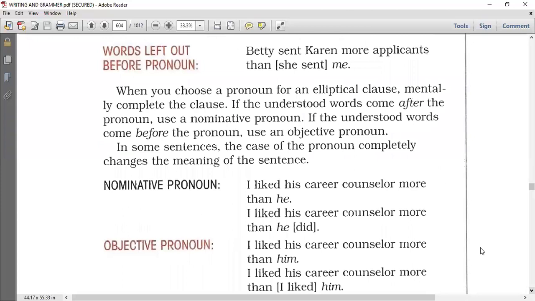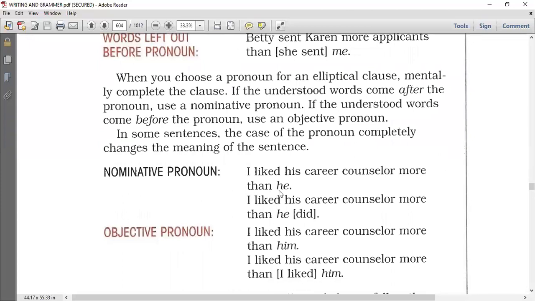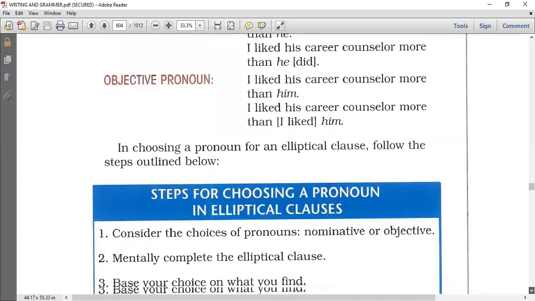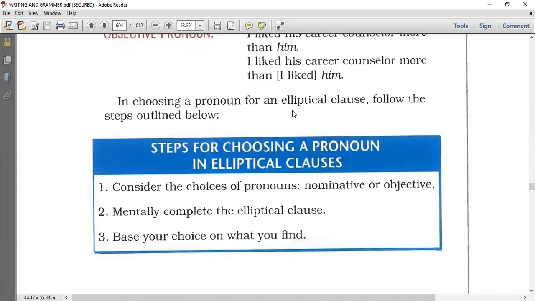I liked his career counselor more than he. More than he did. I liked his career counselor more than him. More than I liked him. I think the difference is clear. It depends on what the speaker means. In choosing a pronoun for an elliptical clause, follow the steps outlined below.